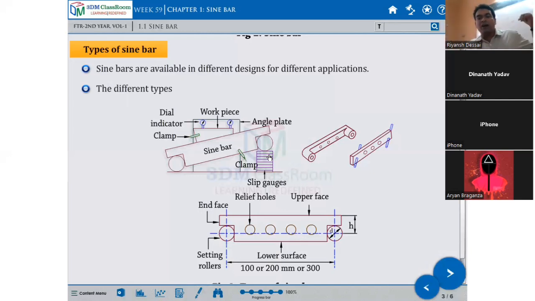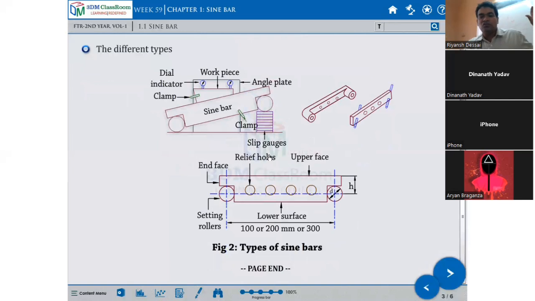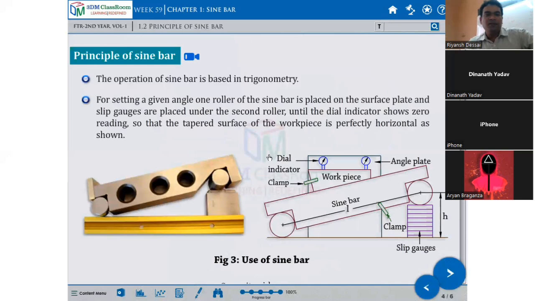Now here this sine bar works on the sine ratio, the trigonometry principle. So here you can see on your mobile, they kept one arrangement here. This is the one slip gauge and a small one they kept here. That is the actual build of the height. You have to measure this height, and from here to here you will get the length of the sine bar, that is any 100, 200, 300.